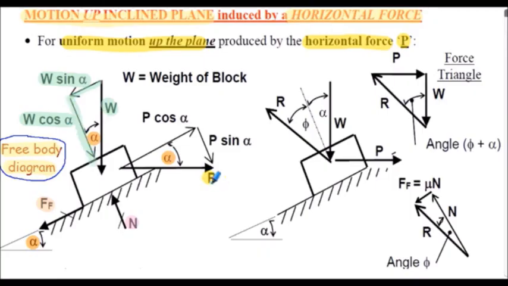Resolving force P parallel to the incline, we have P cos of alpha, shown here, and normal to the incline, P sine of alpha, shown here. We can now use this free body diagram to resolve our forces parallel to and perpendicular to the incline.